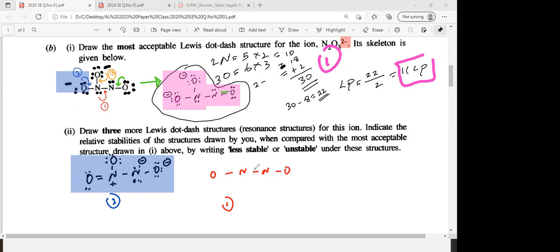So yeah, you make the double bond here. Then there will be a lone pair here. Minus. Whenever oxygen is linked with a single bond, oxygen carries a minus charge. Whenever oxygen is linked to the center atom with a double bond, it won't carry any charge. Yeah. So this one, there's a plus charge here.